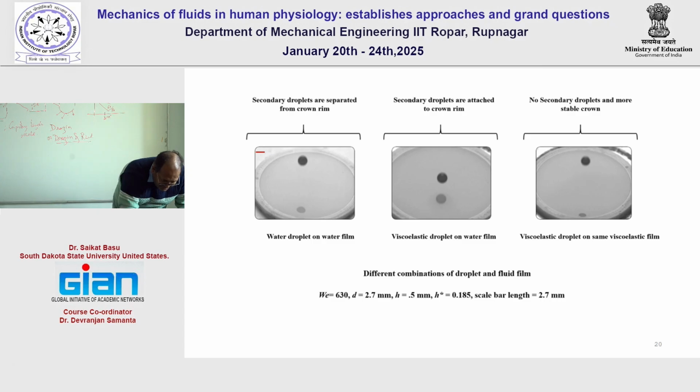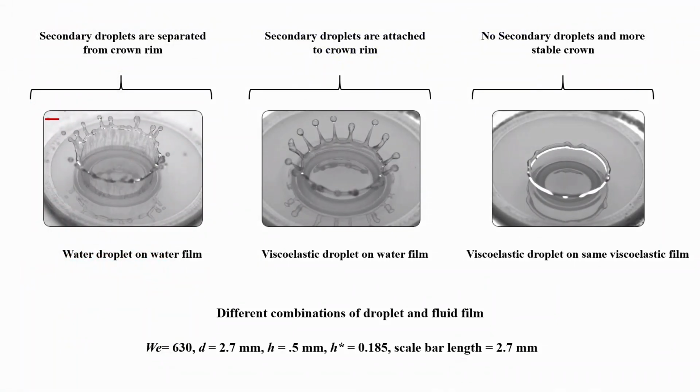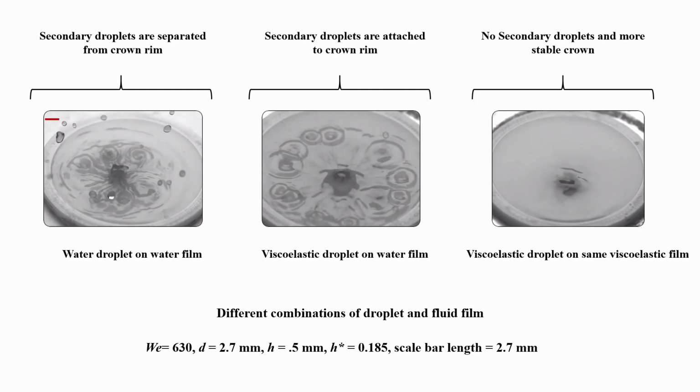Okay, so it is not playing like this. Let me just play it individually. So let's just repeat one more time. You can see in the first figure it will break. In the second one there will be secondary structures.